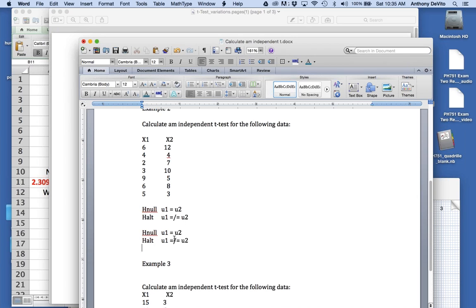Okay, you may be wanting to prove that mu1 can only be larger than mu2. In other words, that this will increase a certain score on some test of knowledge or something like that. Let's say, okay, that the mean of group 1 is going to be greater than the mean of group 2.